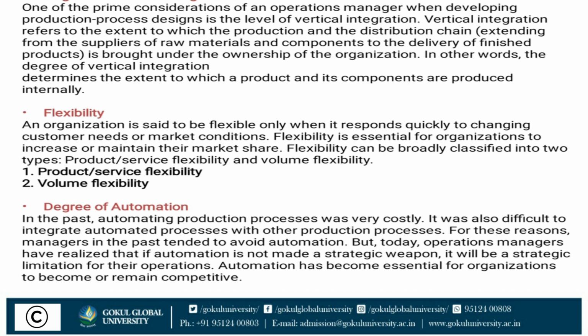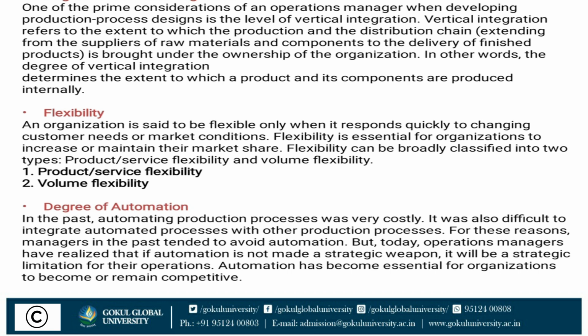The next factor is degree of automation. In the past, automating production process was very costly. It was also difficult to integrate automated process with other production process. For these reasons, managers in the past tended to avoid automation.